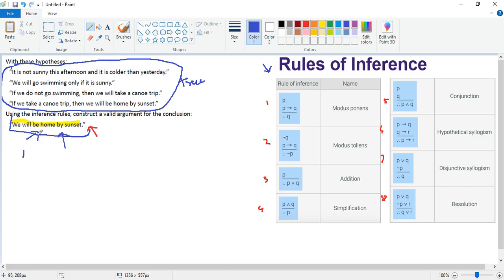So P is sunny, which means not P will be not sunny.